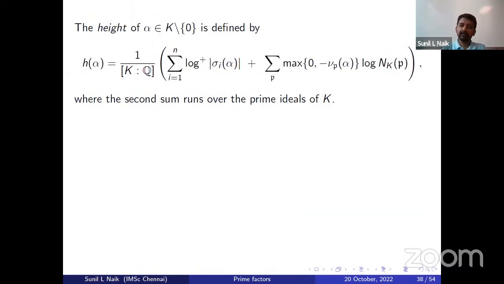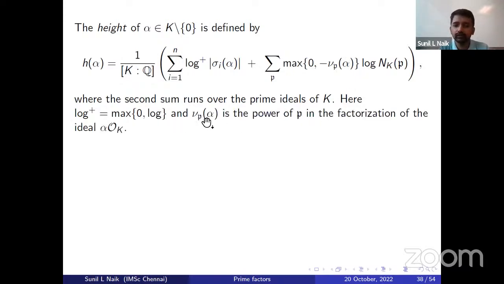For a non-zero algebraic number alpha, the height of alpha is defined by the following expression. Height of alpha is equal to 1 divided by the degree of the extension times the summation i equal to 1 to n of log plus of the modulus of sigma i of alpha, plus the summation over the prime ideals p of the maximum of 0 and minus valuation of p at alpha times log of the norm of p.